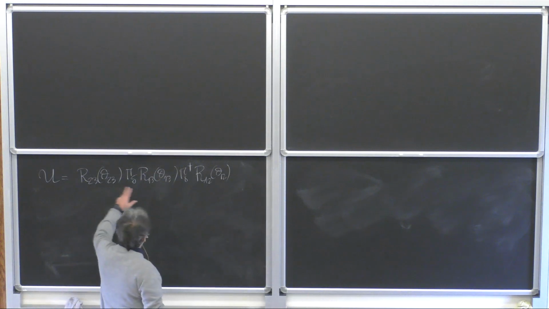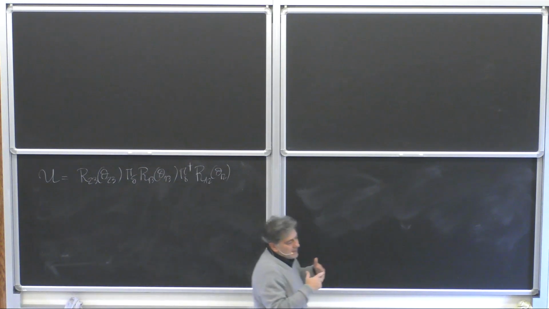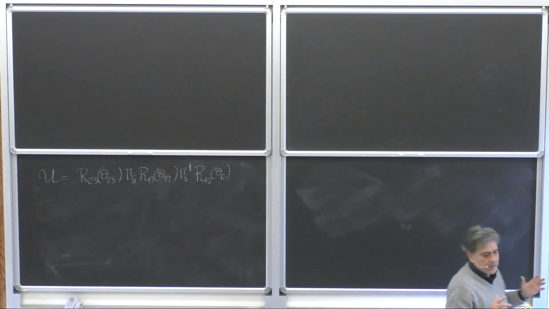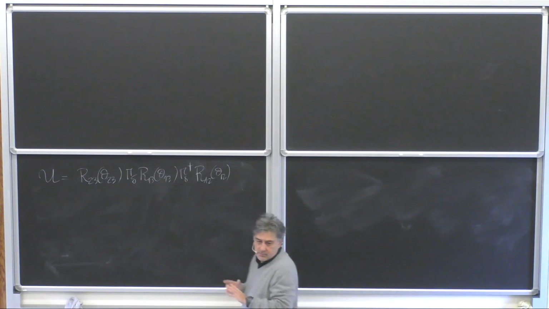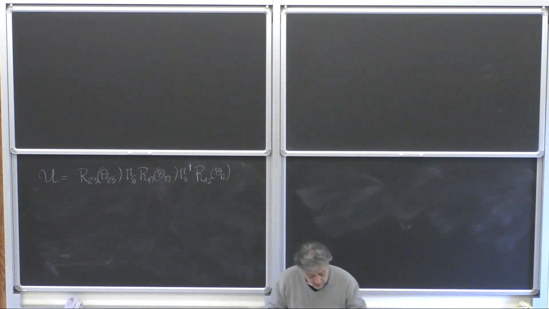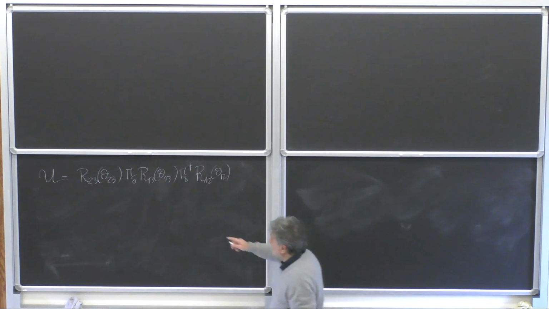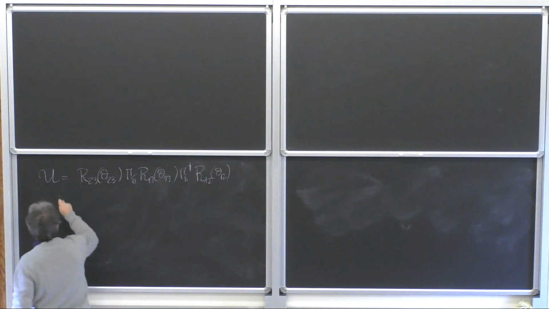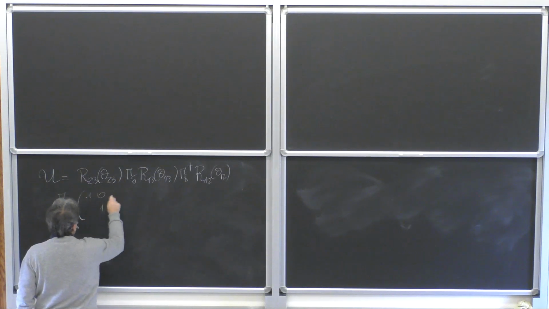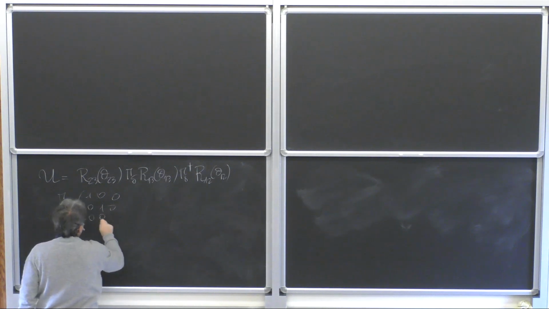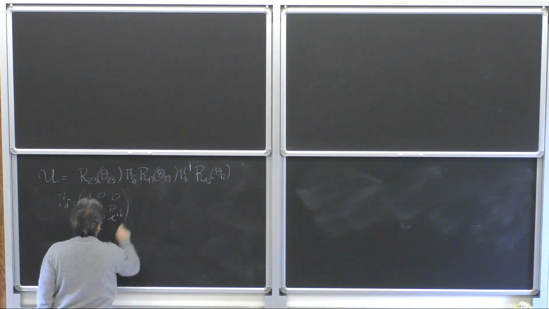So these 3 matrices are simply the extension in 3 dimensions of a rotation in a plane. Okay. While this gamma delta is 1, 1, 0 everywhere, e to the i delta.